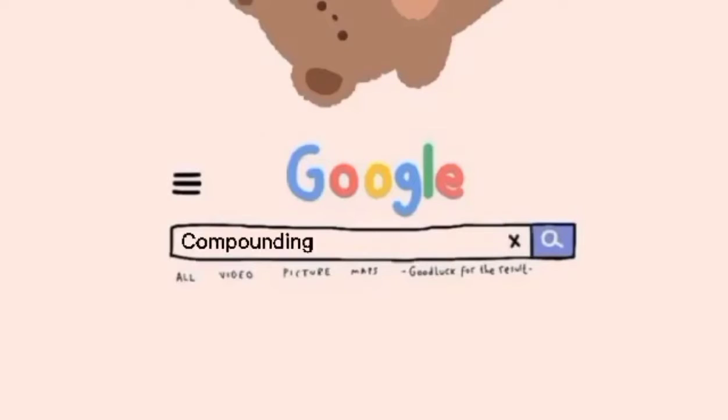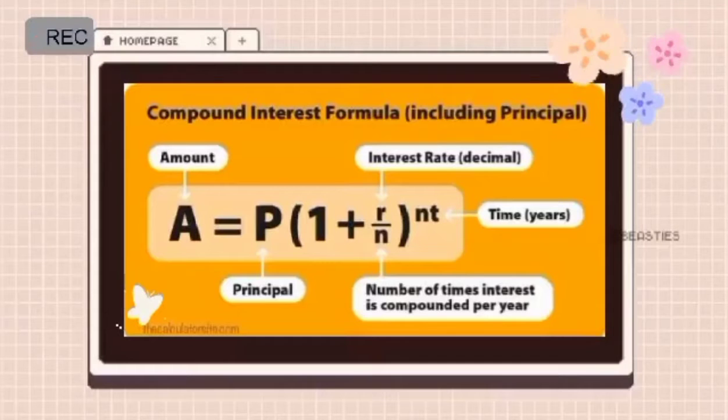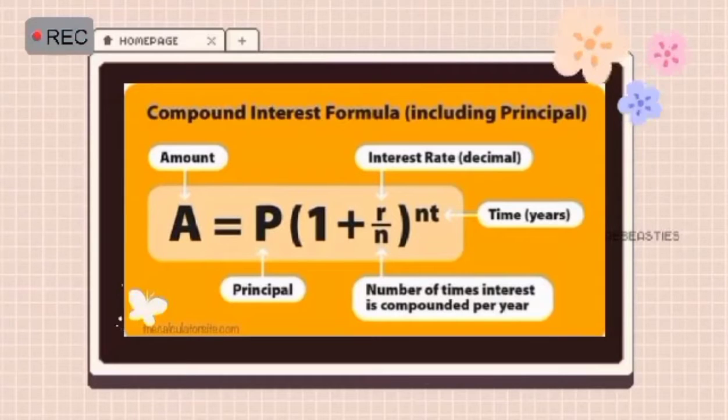Here are the variables used in compound interest. A is the total future value of the investment or loan, including interest. P is the principal investment amount, the initial deposit or loan amount.